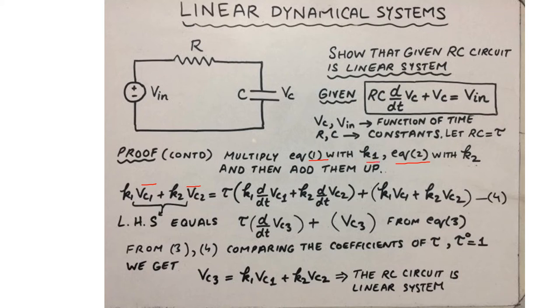We're going to multiply the first equation with k1 and the second with k2 and then add them up. And this will give us an expression in the form of equation number 4.